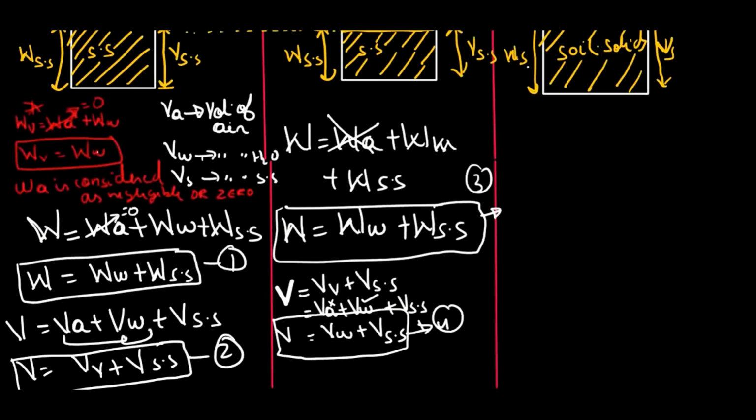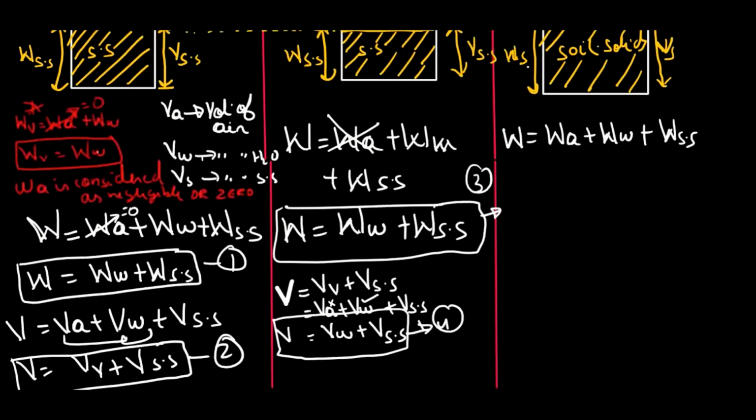Now in the last case, that is the dry condition, our total weight of soil sample will be equal to weight of air plus weight of water plus weight of soil solids.